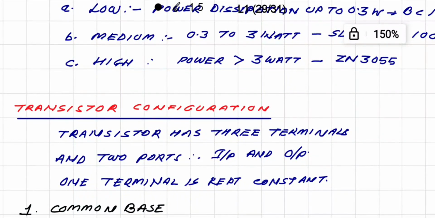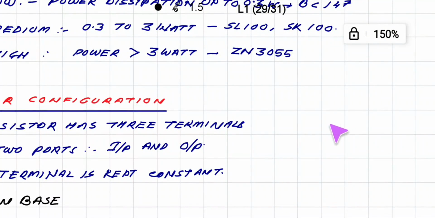Now we are going to see the transistor configuration. We already saw the transistor has 3 terminals and 2 ports, that is an input port and an output port. Henceforth remember that if this is a transistor and we want it to act as an amplifier, one terminal is common.